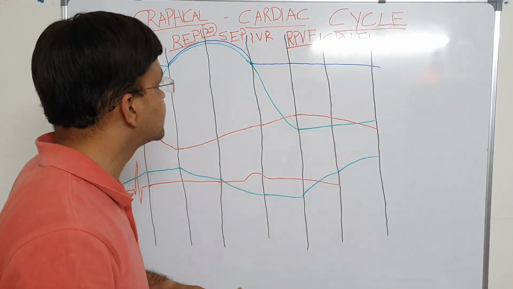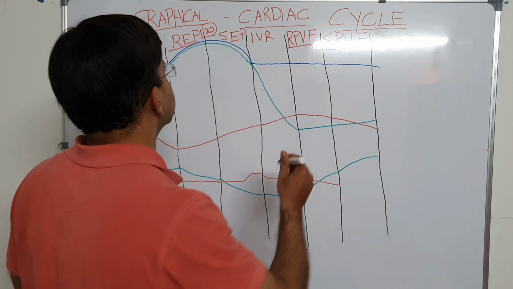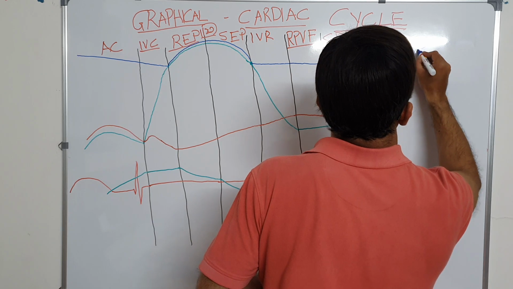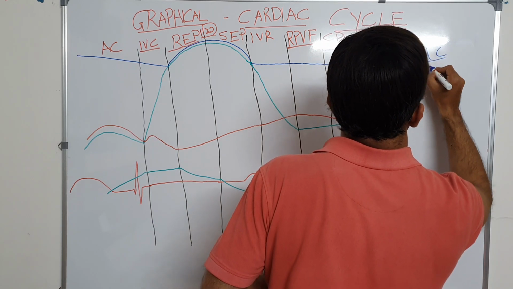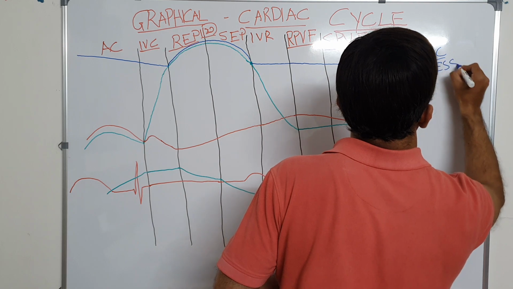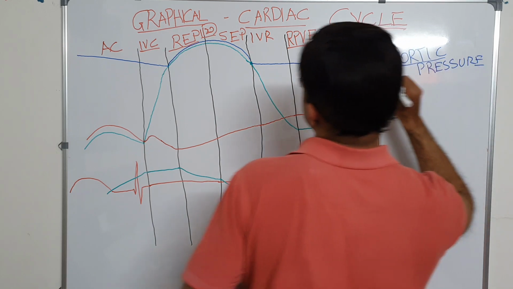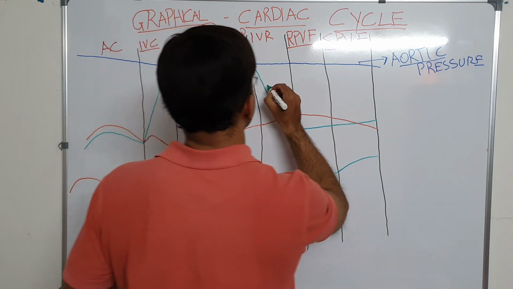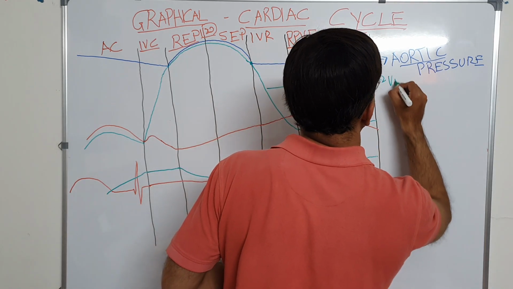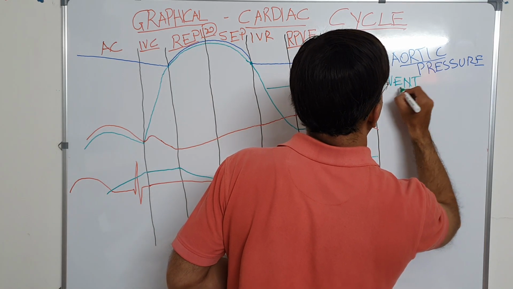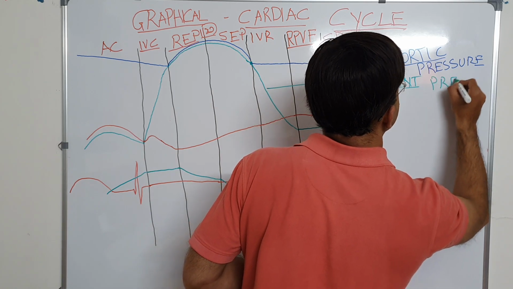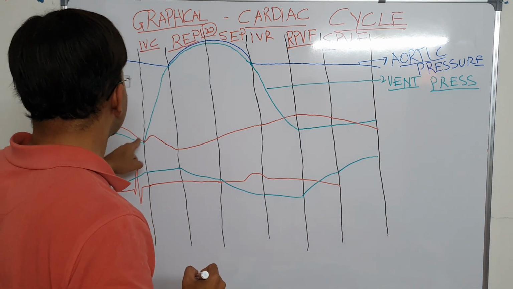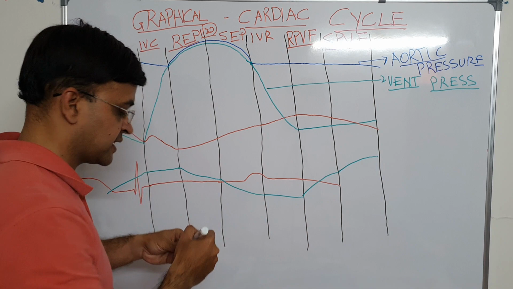Should we label this? This blue one is our aortic pressure, right? Aortic pressure. This green one is for ventricular pressure, right? Ventricular pressure. Then this one is intra-atrial pressure or jugular venous pulse, right?